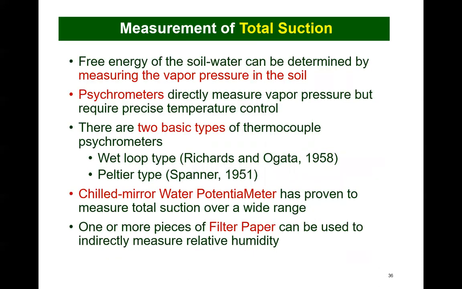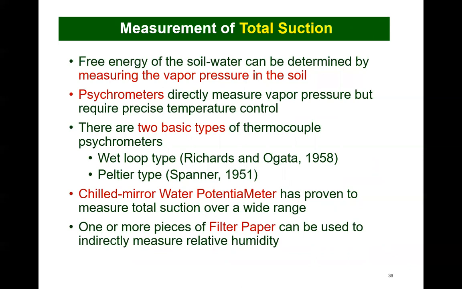Let me conclude this lecture with a few comments about the measurement of total suction and osmotic suction. It is important to remind ourselves that most practical engineering problems can be analyzed using matrix suction as the stress state variable.